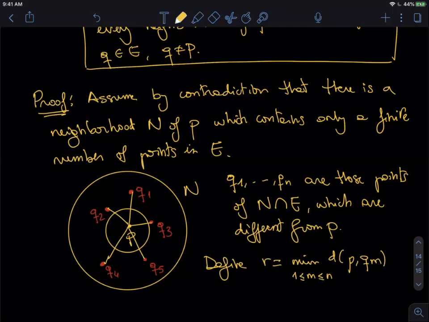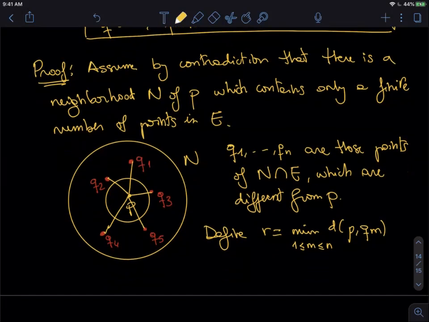And once I do that, I'm able to take a new neighborhood of radius r.